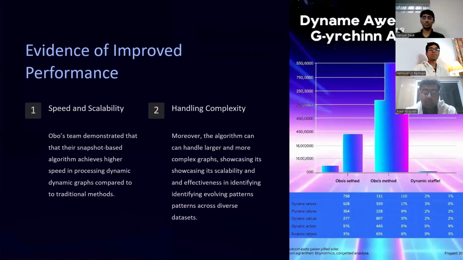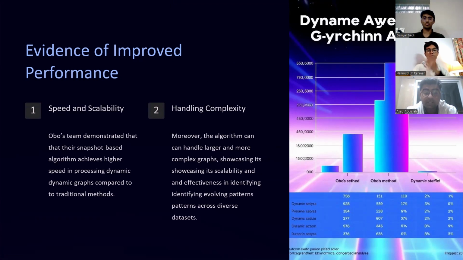Hello everyone. Now I will talk you through the evidence of improved performance and the implementation details of Oberoi's dynamic graph analysis algorithm. Oberoi's team tested their snapshot-based algorithm against two popular methods using real-world datasets, and the results were outstanding.